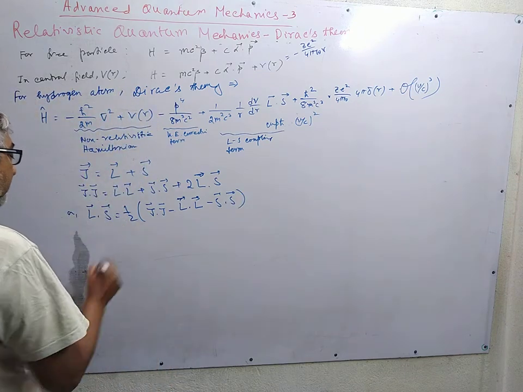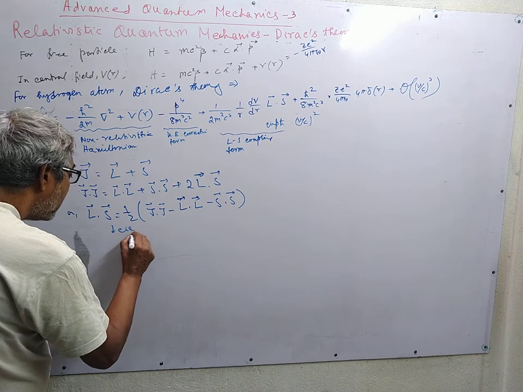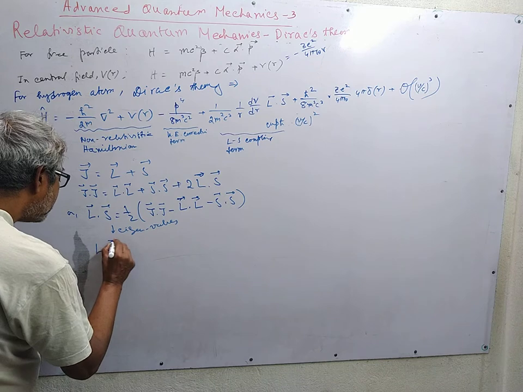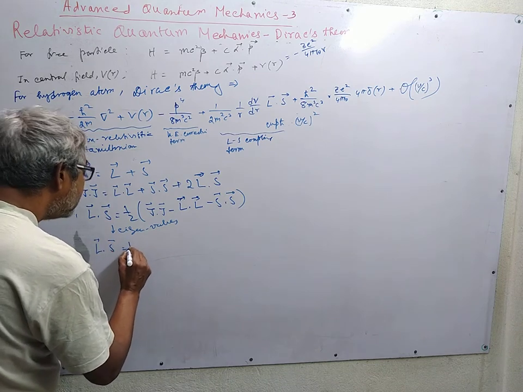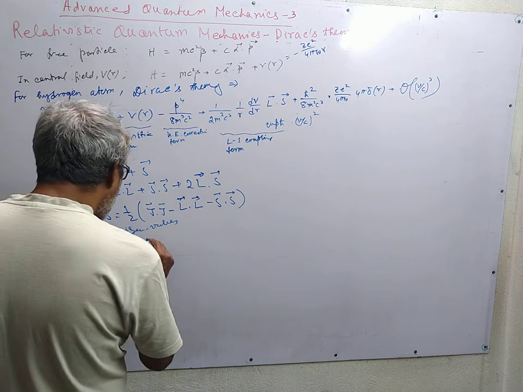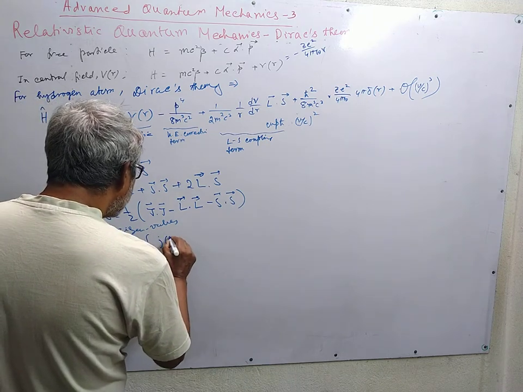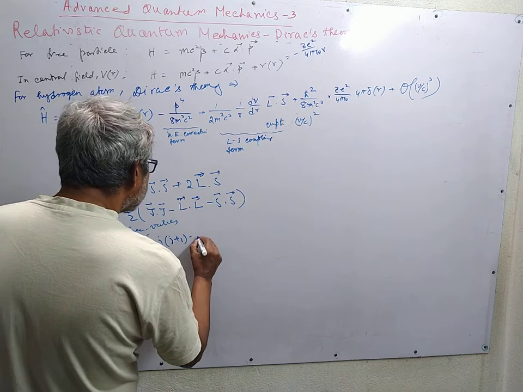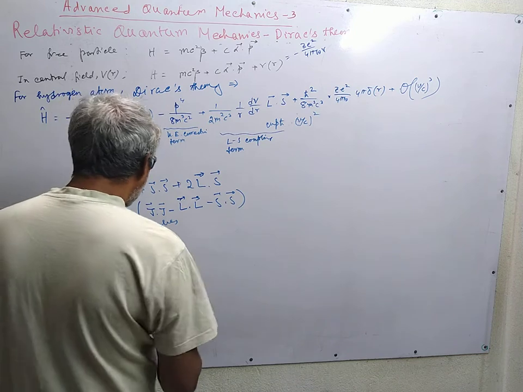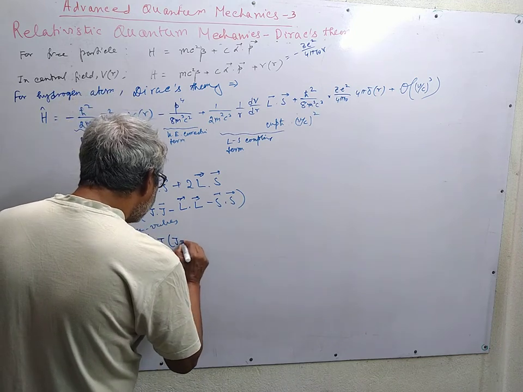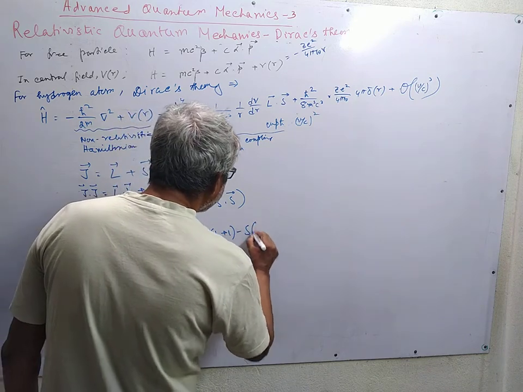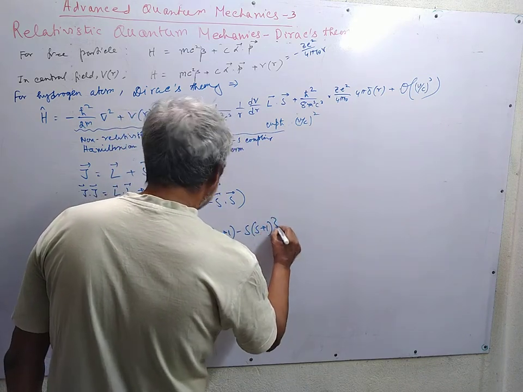In terms of eigenvalues, the L dot S term is half, h cross square, times j into j plus 1 minus l into l plus 1 minus s into s plus 1.